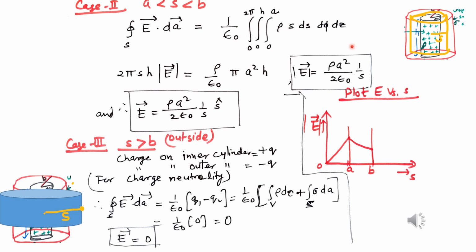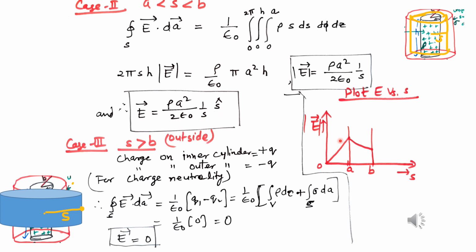The Q enclosed this time is the total charge on the inner cylinder, because inside this Gaussian surface we have the cylinder of radius a, so we take the limit of S from 0 to a, with rho S dS d phi dz, and again it will be rho by epsilon naught times pi a squared h. The left hand side will be magnitude of E times 2 pi S h. So pi and pi will be cancelled out, and E equals rho a squared by 2 epsilon naught times 1 by S in the S cap direction.